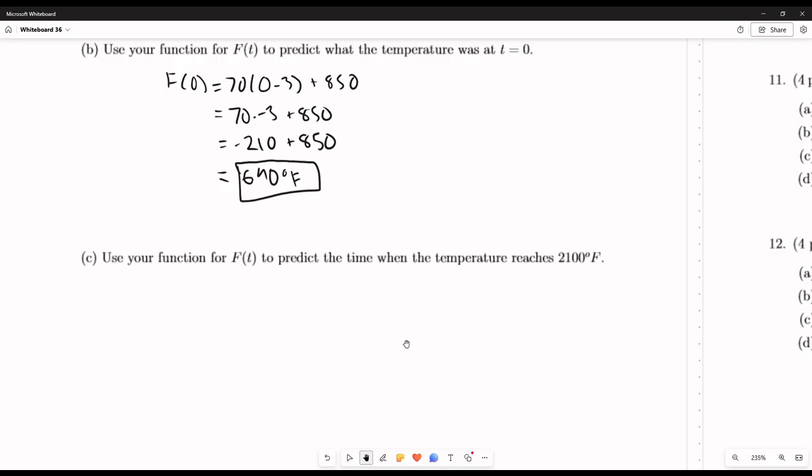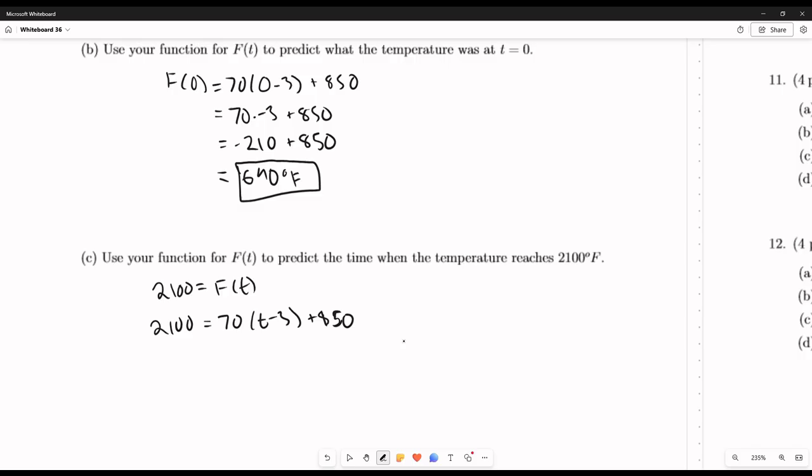Lastly, it's asking us to predict when the temperature reaches 2100. Now, this is asking us to solve where 2100 equals F of T. So we'll go ahead and set 2100 equal to 70 times (t minus 3) plus 850. If we really wanted to, now that we have the y-intercept, we could write this in slope-intercept form.